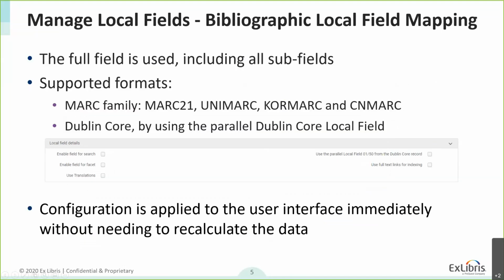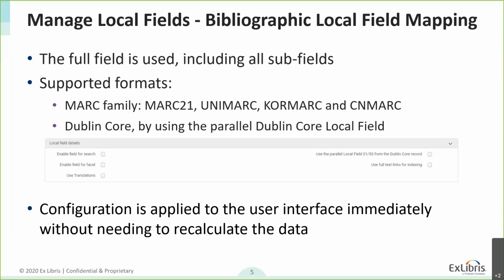When choosing to use this method and choose a local field, it will take all the subfields from the selected field for display and for facet. We support MARC 21, UNIMARC, KORMARC, and CNMARC. And we also support Dublin Core. The big advantage we have here is that this configuration is applied immediately, also for search and also for facet.